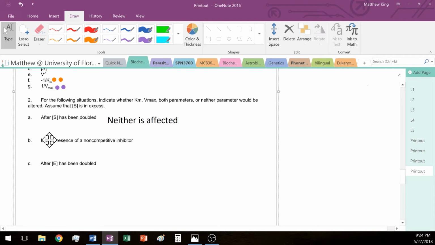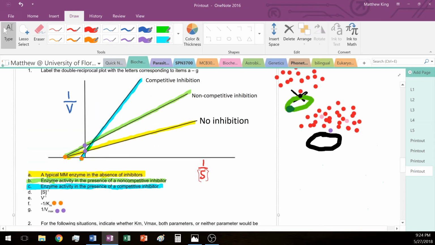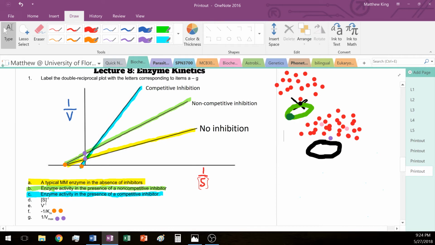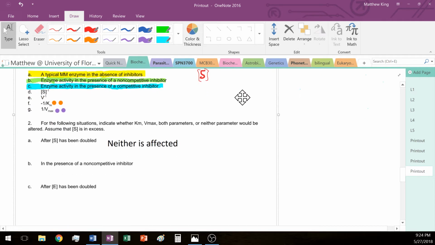Now we're talking about situation B, in the presence of a non-competitive inhibitor. And remember, our non-competitive inhibitor was this situation up here with the red dots and the green, because the non-competitive inhibitor is not going to care about the substrate concentration.